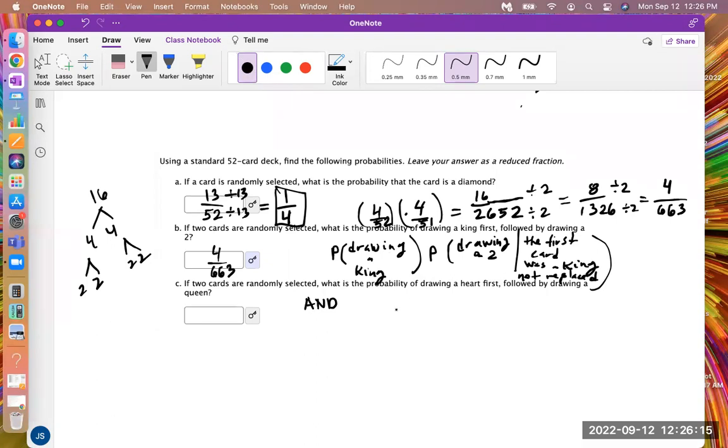So we're going to do the probability of drawing a heart times the probability that we're going to draw a queen, given that you drew a heart in the first card.